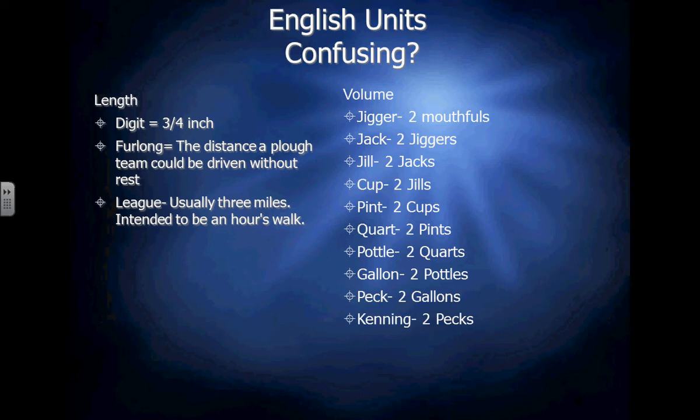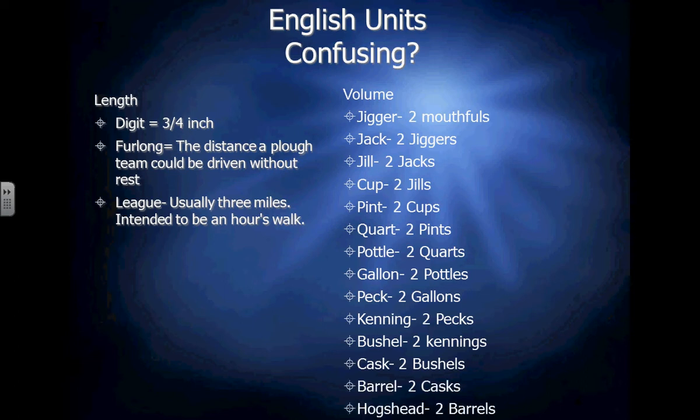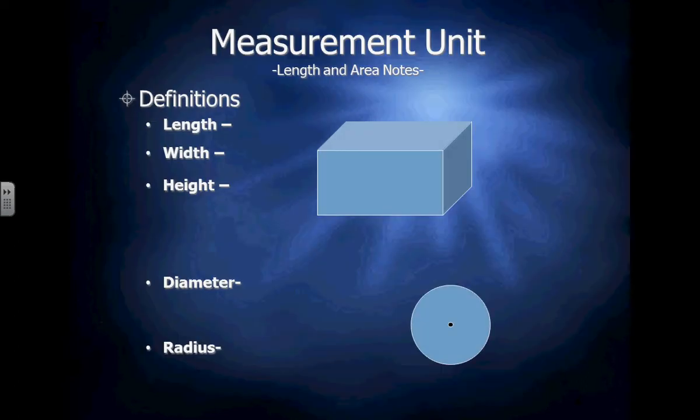A peck is 2 gallons. A penny, 2 pecks. A bushel, 2 pennies. A cask, 2 bushels. A barrel, 2 casks. And a hogshead is an actual unit of measurement. It is 2 barrels. So, none of those names seem to make any sense to me. They seem somewhat arbitrary, but they are what they are.